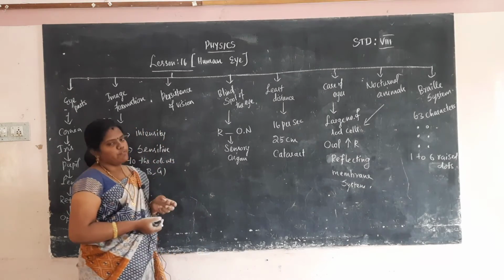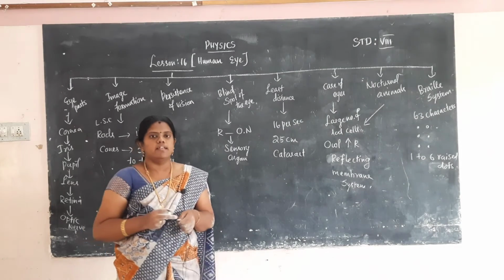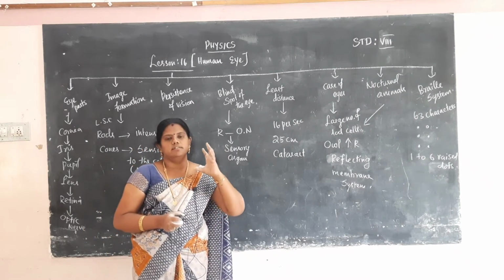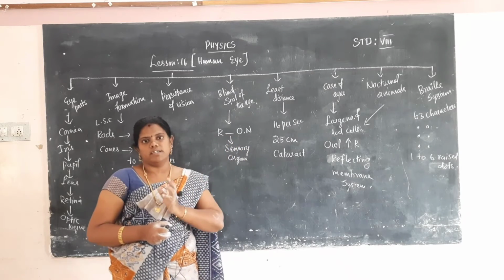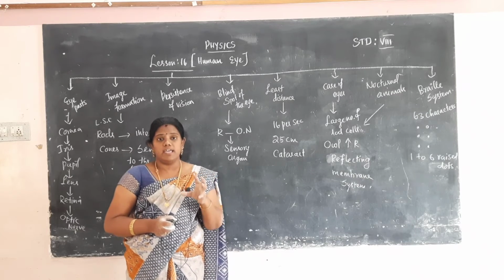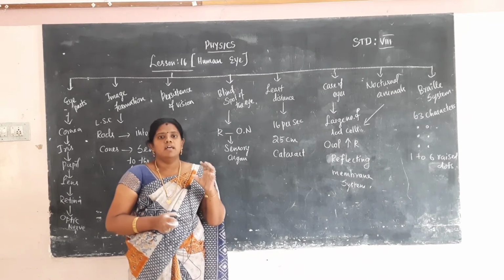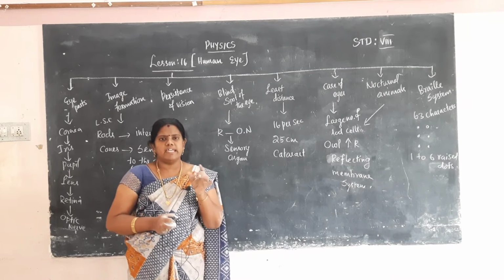Then persistence of vision. Persistence of vision means that when light enters through the cornea, it falls on the back side of the eye, the retina, where it is captured, and retaining the first image takes some time.